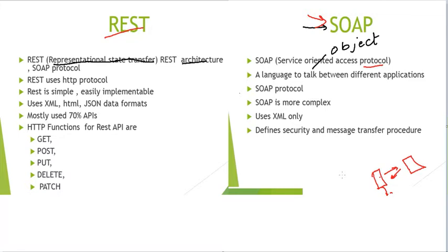What will be the actual message format, and how these messages will be exchanged. So this is what a protocol is, whereas REST is an architecture.